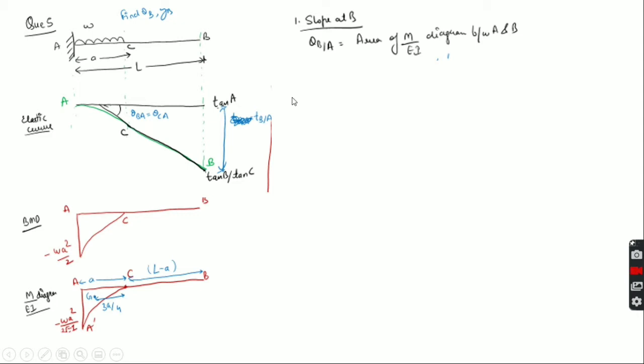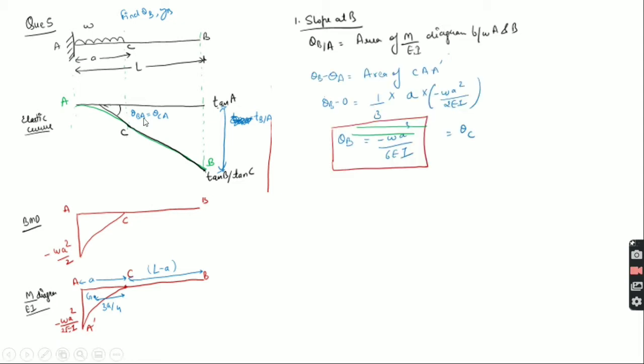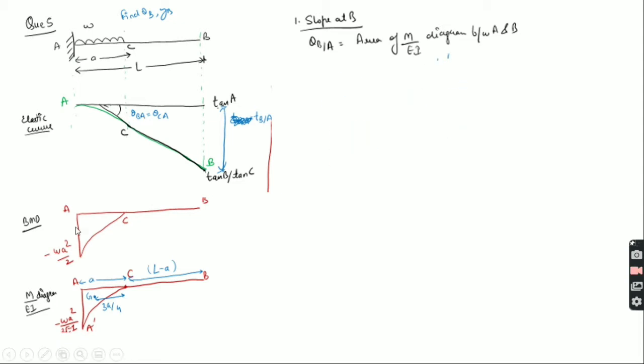Okay, so for calculating the slope at B, we will use theorem 1 of the moment area method, which says that theta BA is equal to the area of the M by EI diagram between A and B. So between A and B, as you can see, the M by EI diagram is only this AC C dash. This will be the bending moment diagram here.